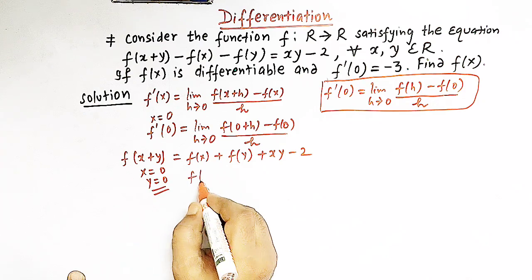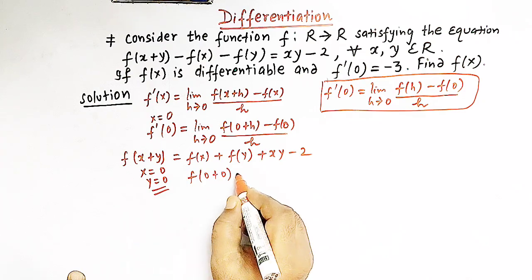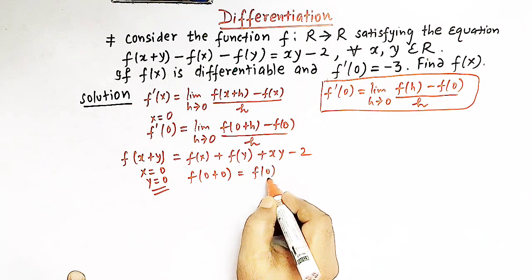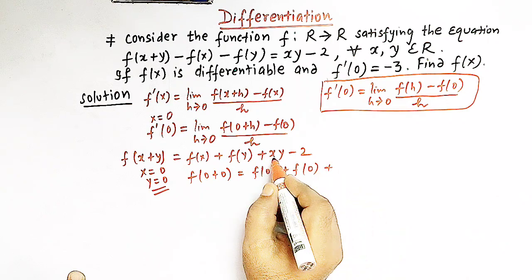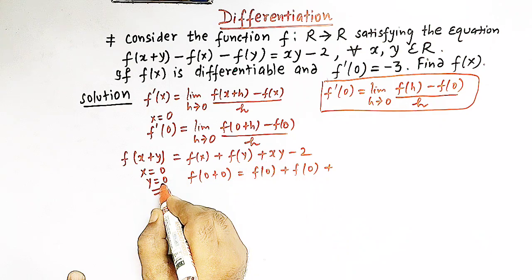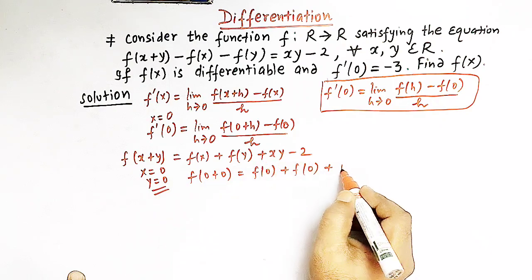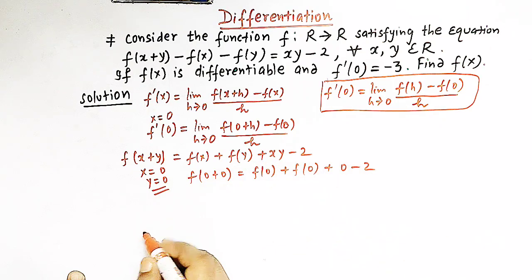So we have f(0 + 0), here we have f(0), f(0), and here x is 0 and y is 0, so this term is 0, and we have -2.